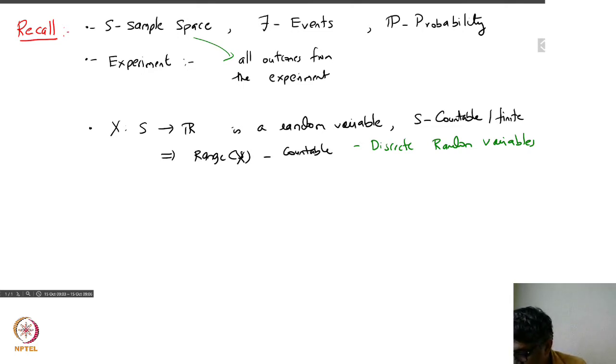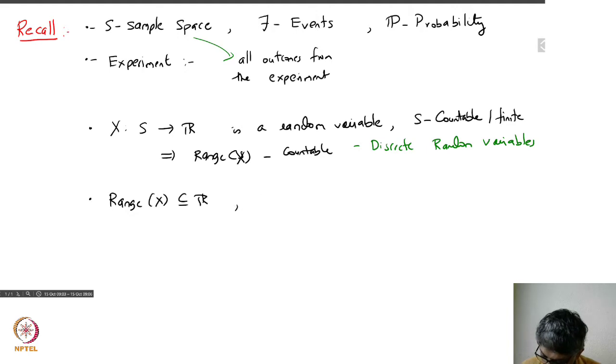Now each random variable is characterized by two things. One was the range of X, which was some subset of the real line. The other thing was, for any x in the range of X, we wanted to know the chance that X is equal to x.